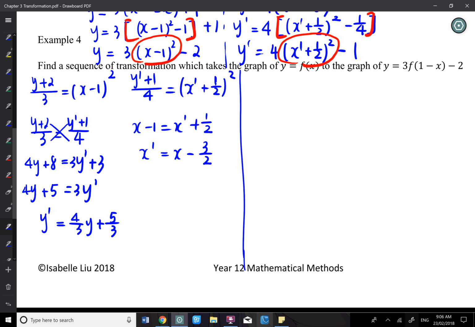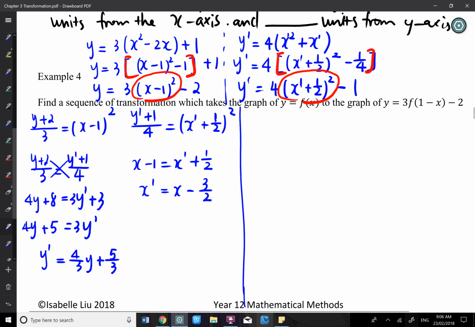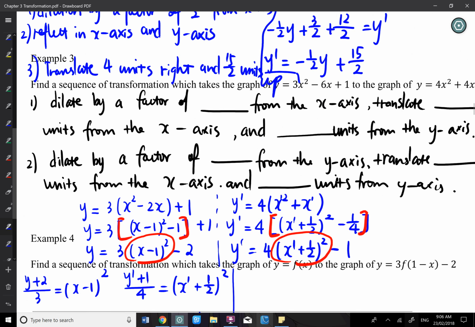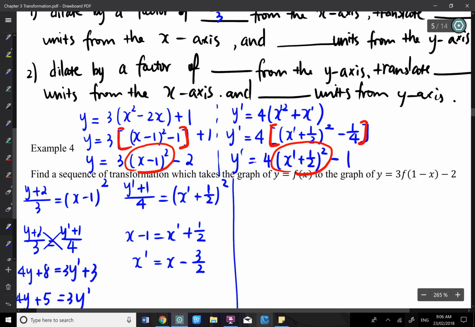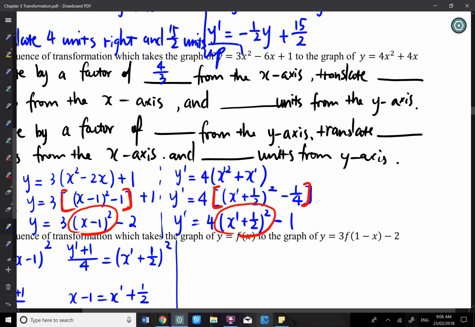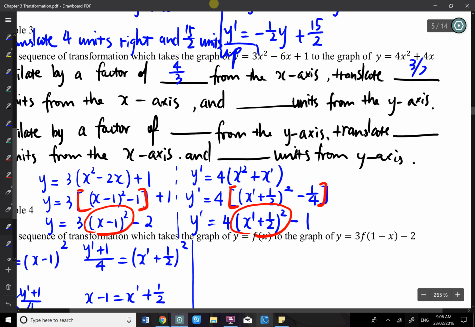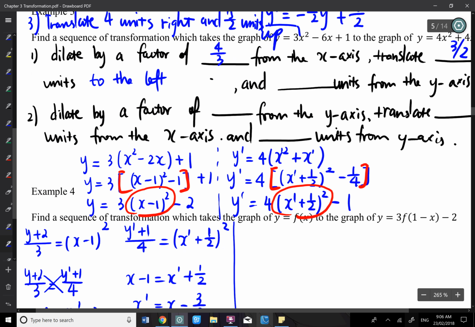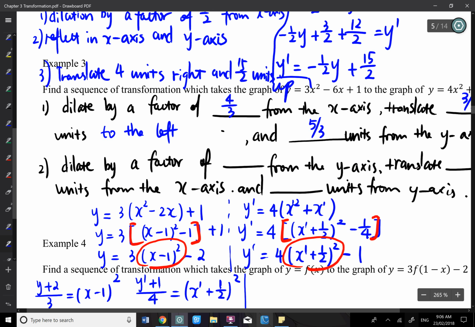This is the dilation factor 4 over 3 from the x-axis. Okay, 4 on 3 from the x-axis. And then minus 3 over 2, so translate 3 over 2 units to the left, and 5 over 3 units up.